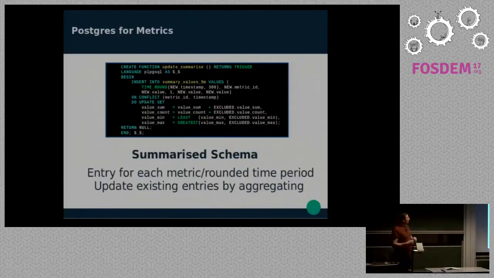And then if there's a summary already there, then we combine it, so when we're summing them, we add them together, or for minning, we create the min of the one that's already there, and the new one we're adding in. And that's it. That's kind of all you've got to do to build these summaries. Turn Postgres into a time series database.